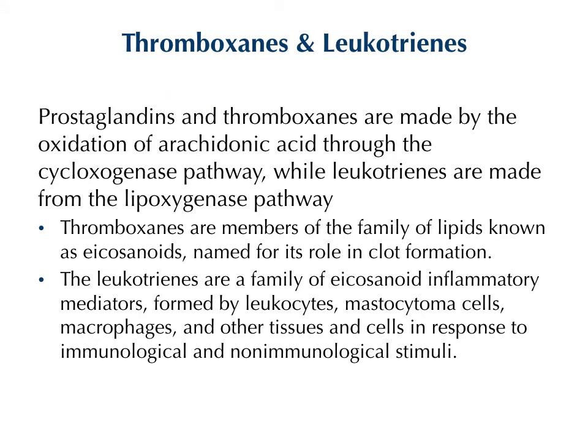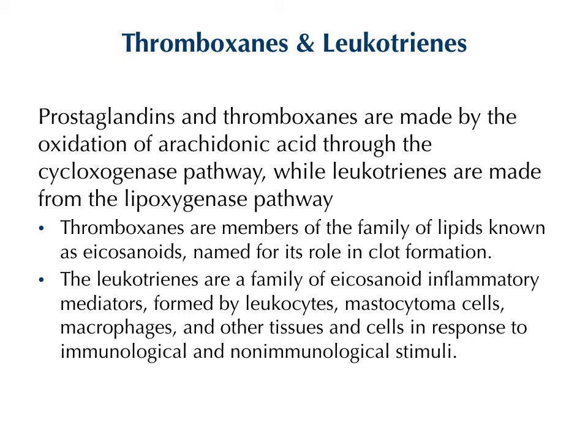And then you also have your thromboxanes and leukotrienes. And as we saw on this slide, prostaglandins and thromboxanes are made by the oxidation of arachidonic acid through the cyclooxygenase pathway, while the leukotrienes are made from the lipoxygenase pathway.